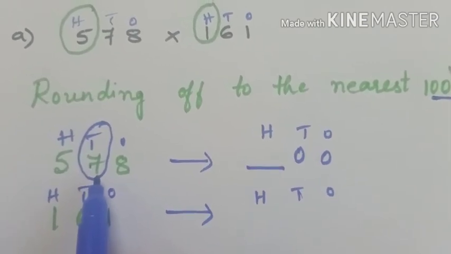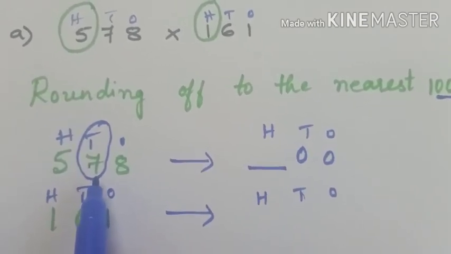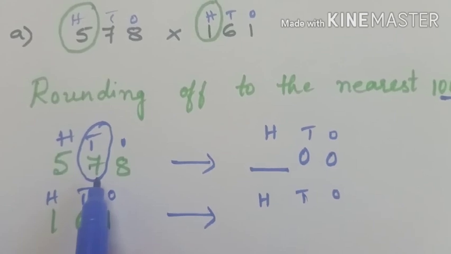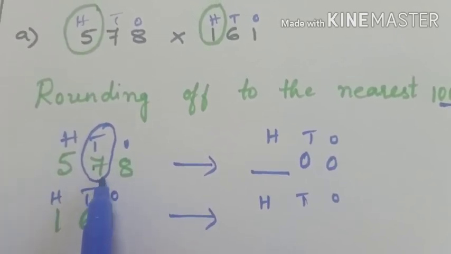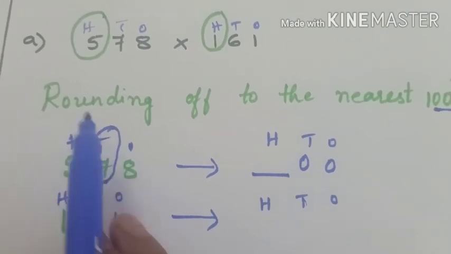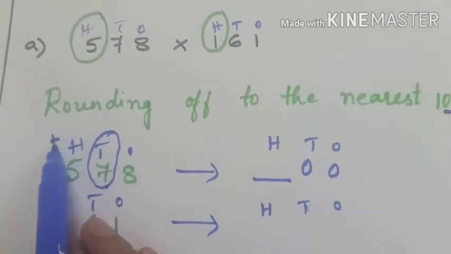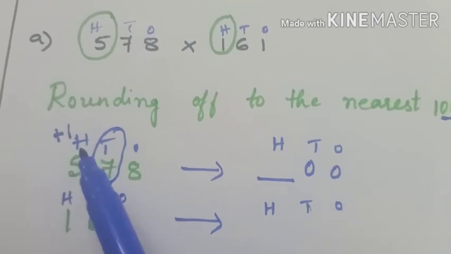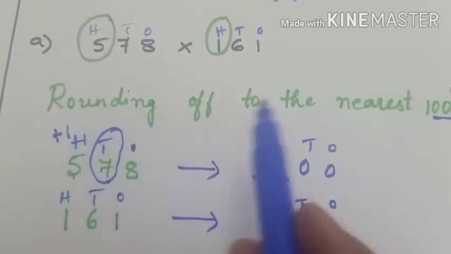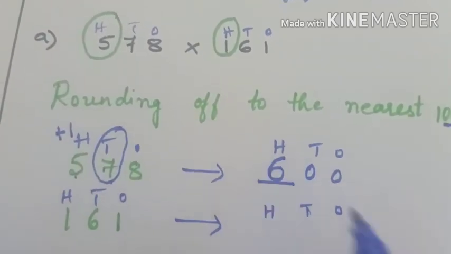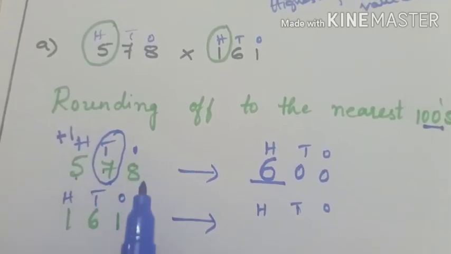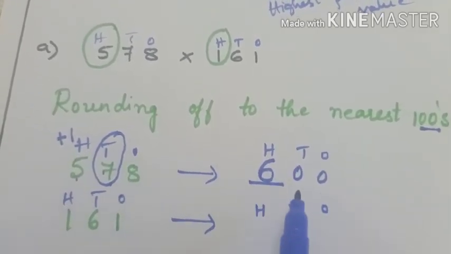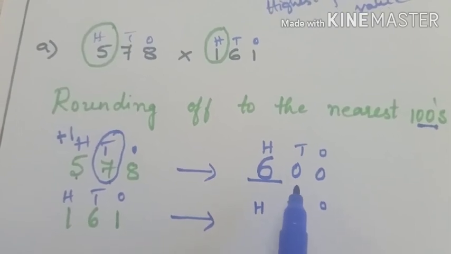It is 7. Is 7 greater than 5 or less than 5? Yes, it is greater than 5. If it is greater than 5, then you should add plus 1 to the hundreds place. So 5 plus 1, it becomes 6. So 578, rounding off to the nearest hundreds, will give you the answer 600.